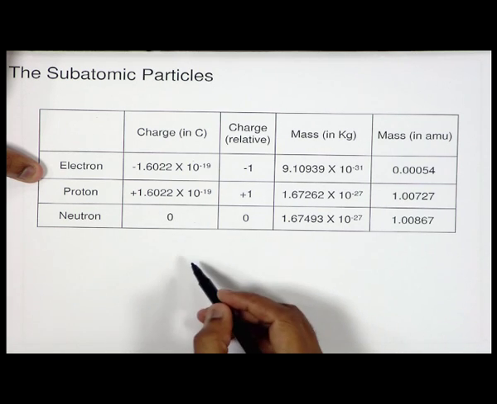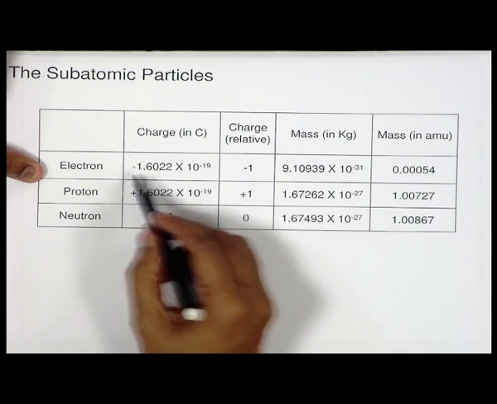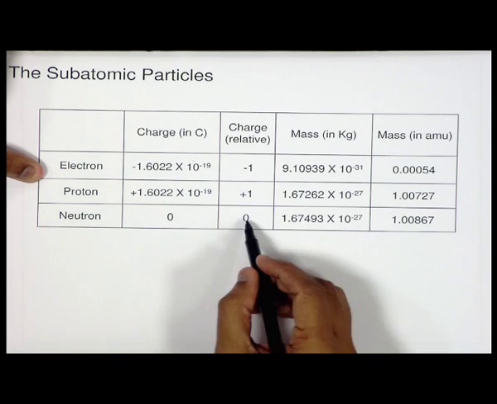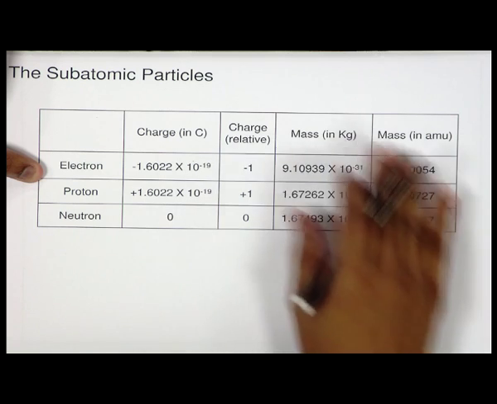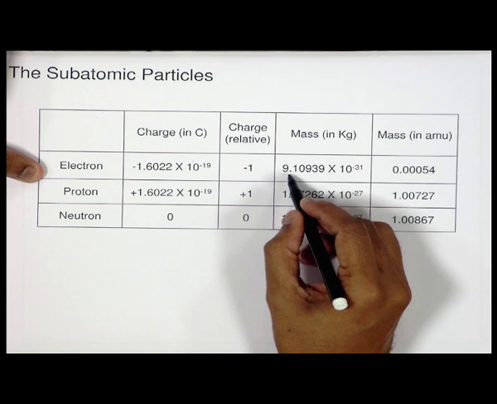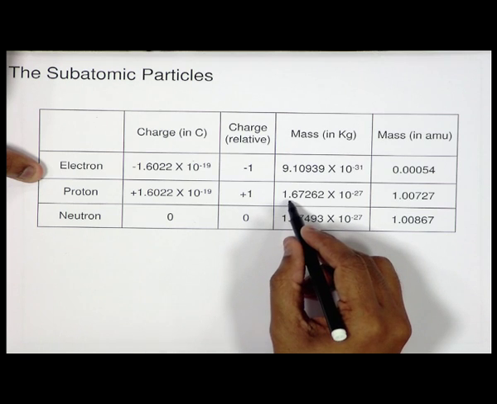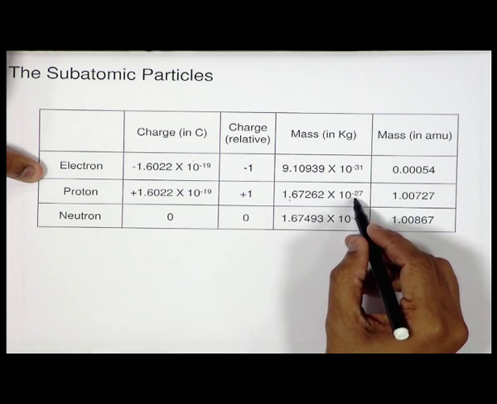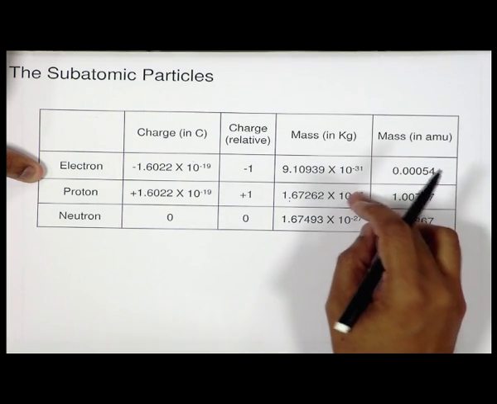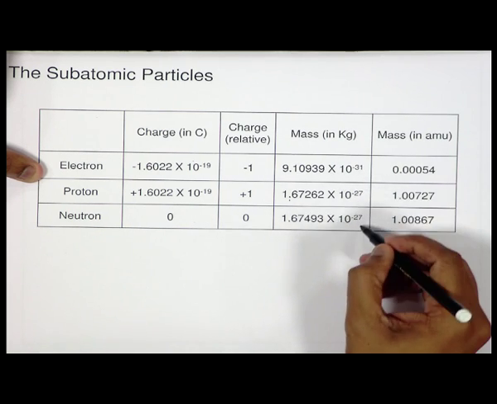On a relative charge scale, the electron has -1 charge, the proton has +1 charge, and the neutron has no charge. The electron has a mass of 9.1 into 10 to the power minus 31 kilogram, the proton has 1.6 into 10 to the power minus 27, which is nearly about 2000 times heavier, and the mass of the neutron is nearly equivalent to the mass of the proton.